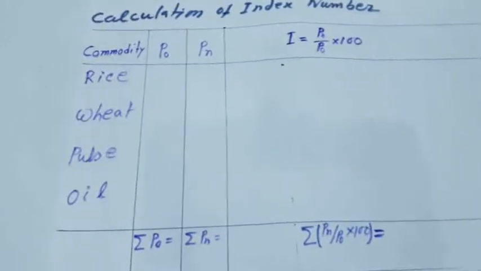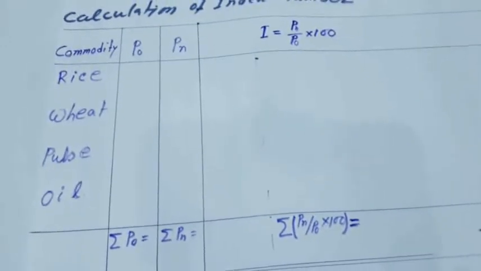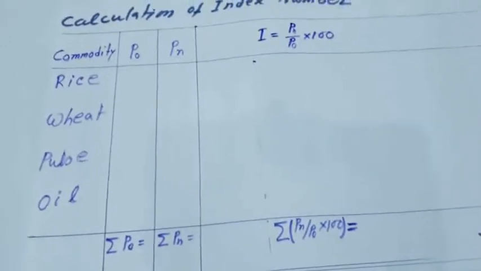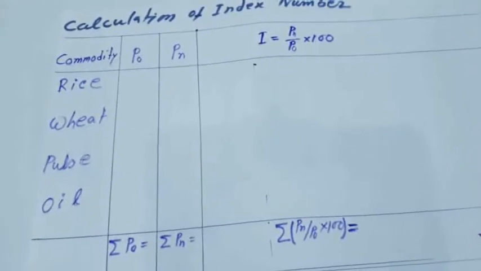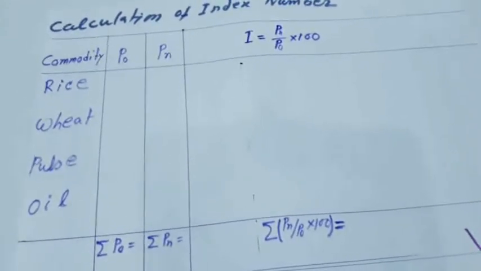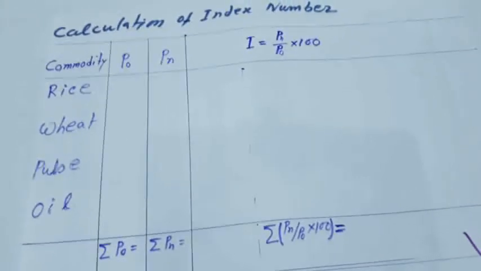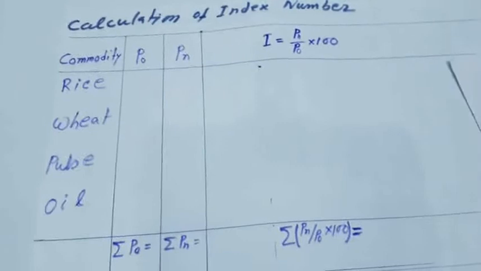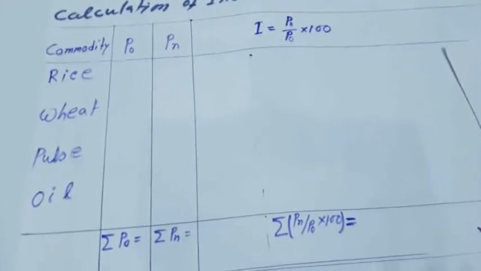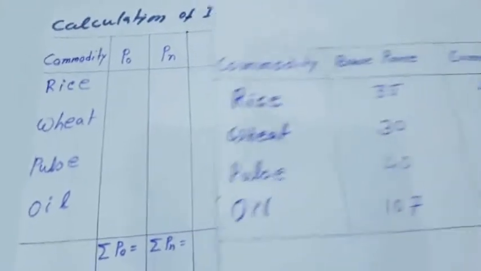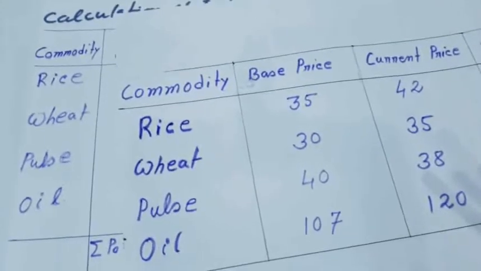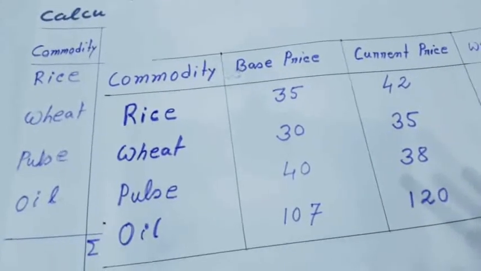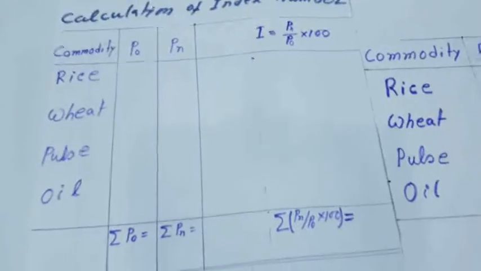To save your time, I have made this table. Okay, now we will put the value in the table. What is the price? This price 35, 30, 40, 107.